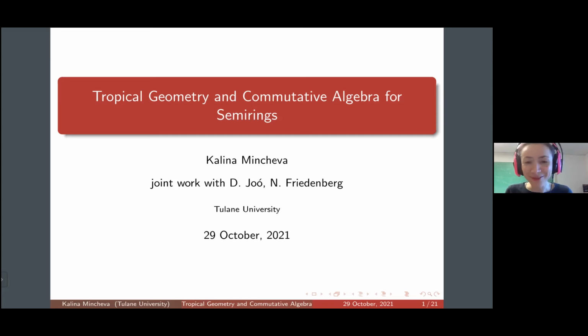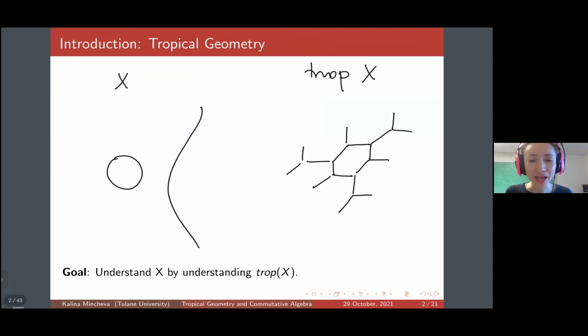So without further ado, what is tropical geometry about? Usually what algebraic geometry does is look at objects that look like this one on the left, which is a curve. And if we want to study those, we'd like to instead study their combinatorial shadow, which is the tropicalization of such a curve.